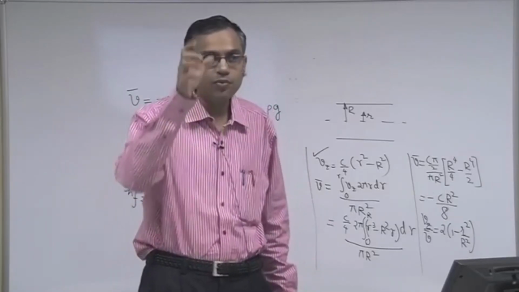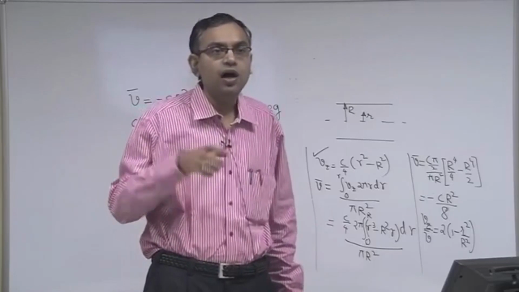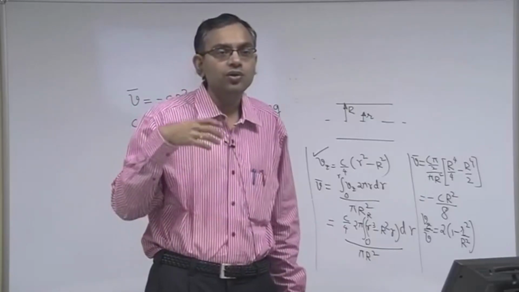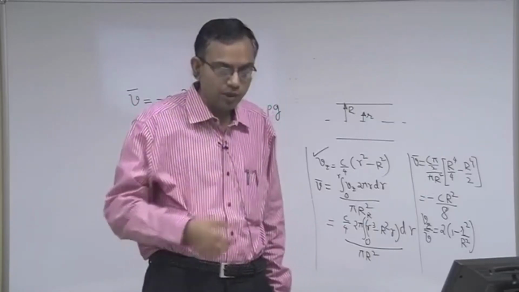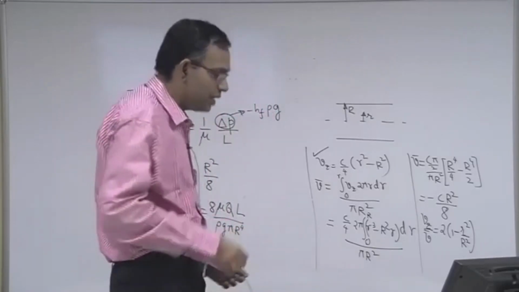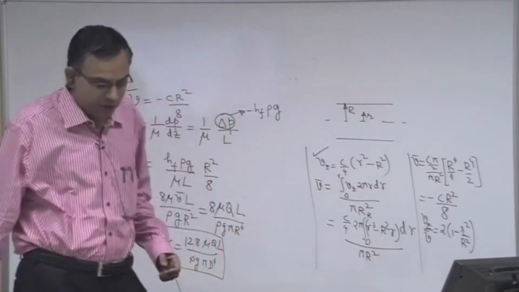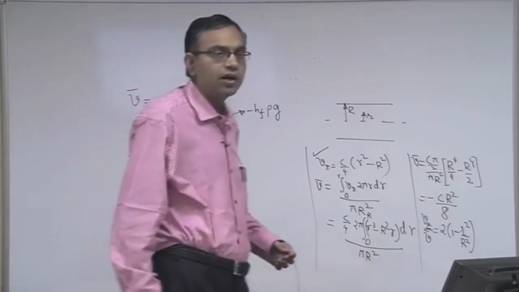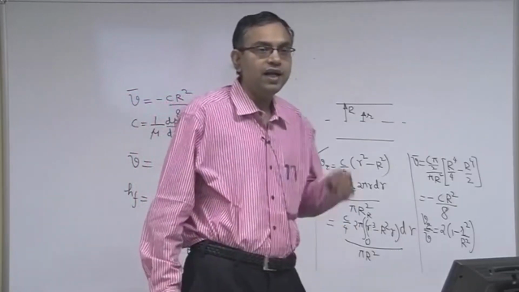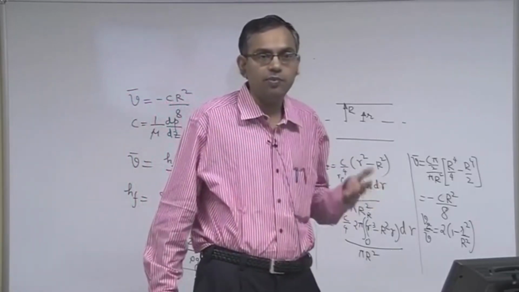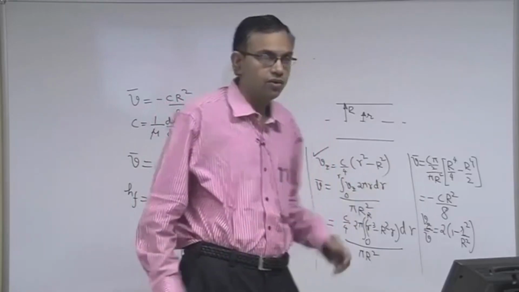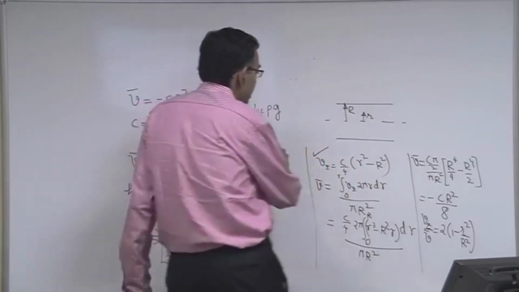So that means the width and depth are comparable. So how do you get a solution for such a problem? So we will try to address that. I would partially work out this problem and then leave the remaining part as homework to you.